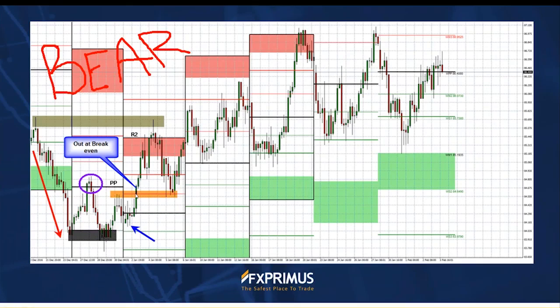So you've got this area here, which incidentally price did come off and go up, and then you've got this area here, which was another area of resistance, now acting as support. Now, are you going to buy there? No. You're a bear. It says it up here in red. Bear. I'm a bear. I can only sell, and I need to find resistance.